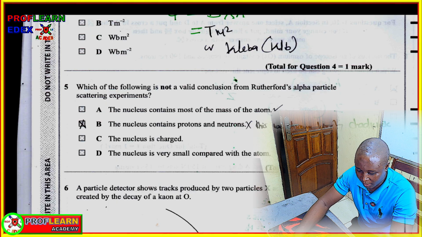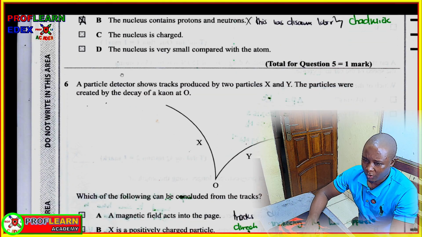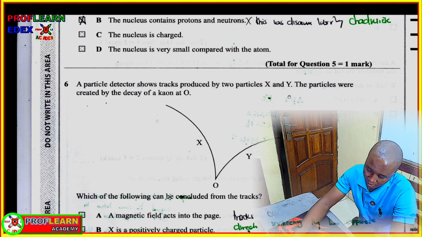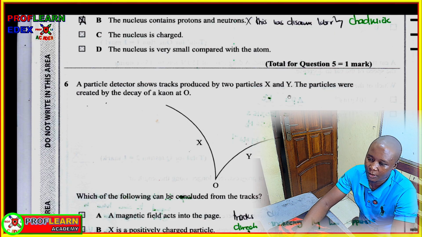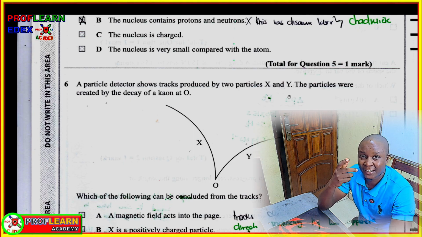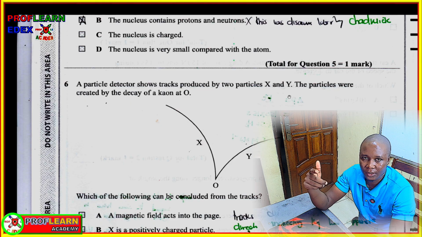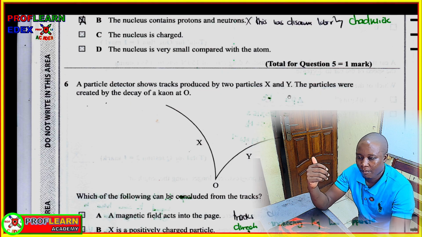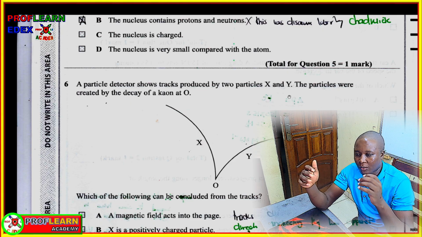Which of the following can be concluded from the tracks? We have a particle detector that shows tracks produced by two particles X and Y. Something to consider is that because the particles are charged, as they move through the particle detector, they ionize the gas, and in the process visible tracks are formed.